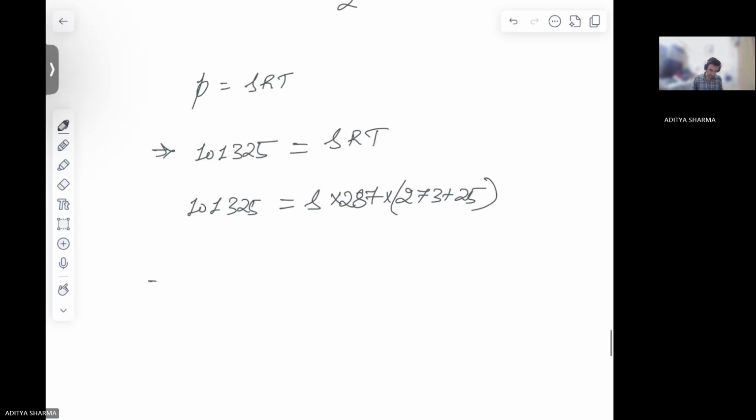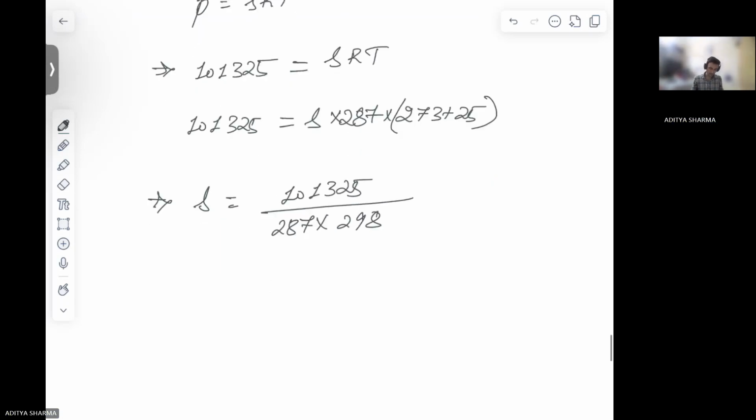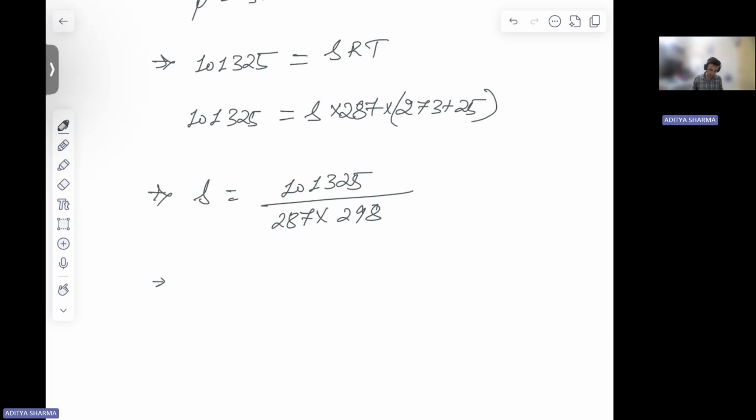So rho becomes 101325 divided by (287 into 298). Calculating, rho becomes 1.1847 kg per meter cube. So this is your density.